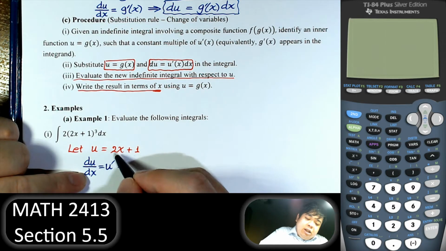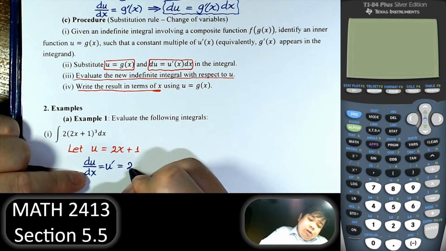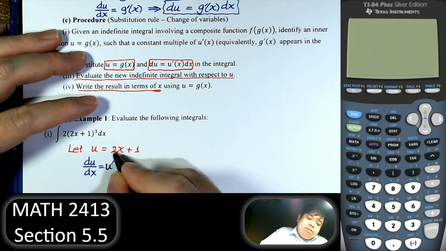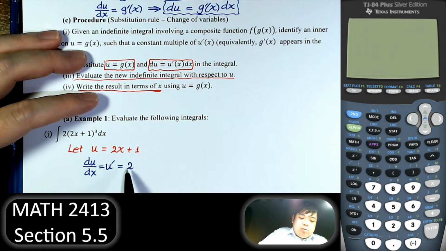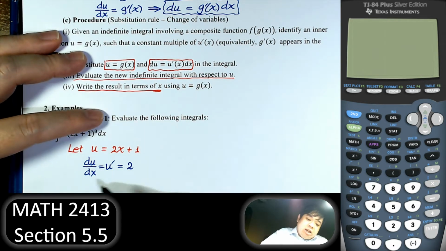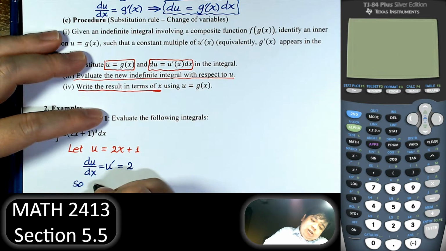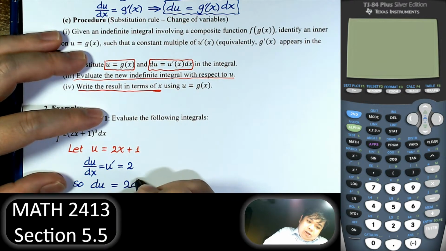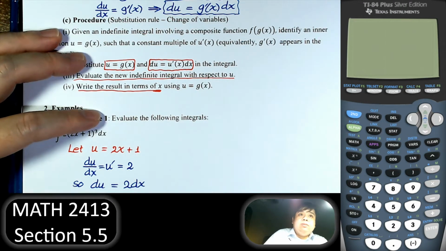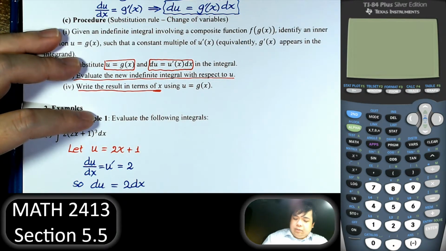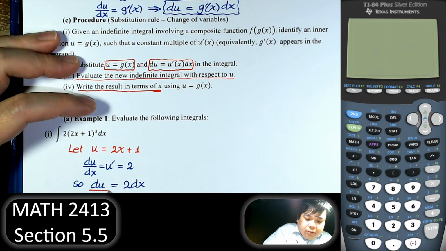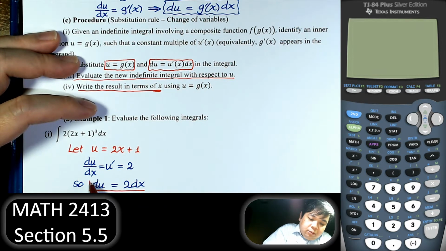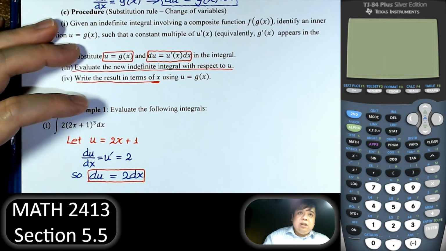Du over dx, the derivative of 2x plus 1 is 2, and then multiply the dx over. So we have du equal to that.